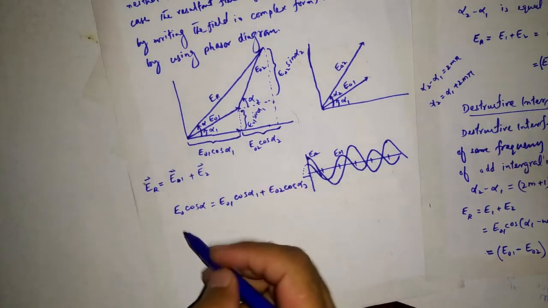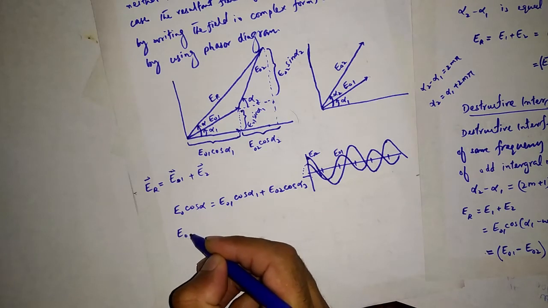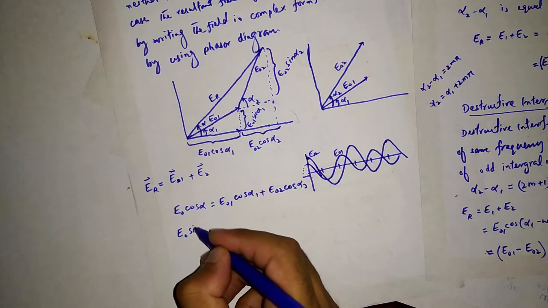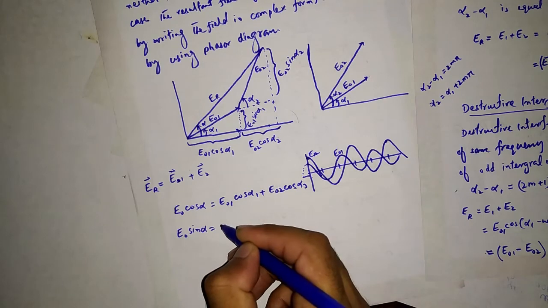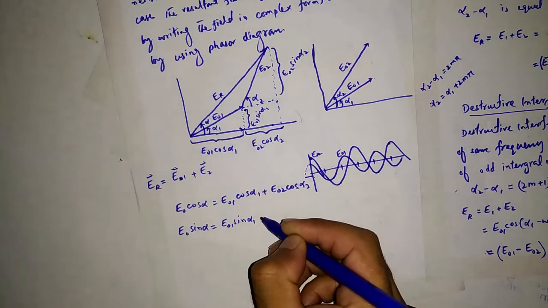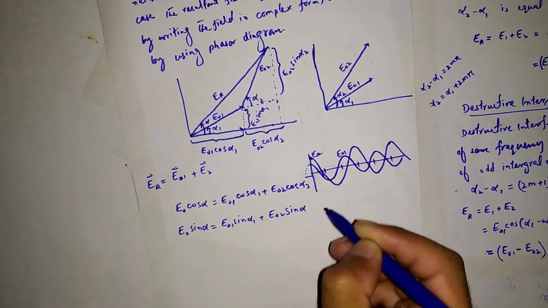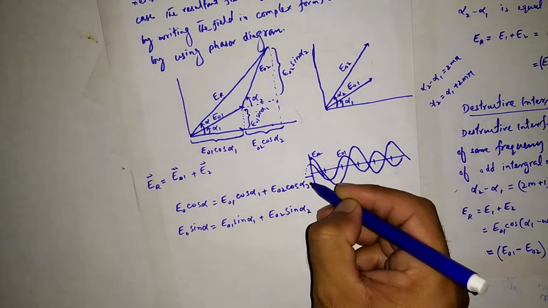And similarly, the vertical component of the resultant field, E naught sine alpha, is equal to E naught 1 sine alpha 1 plus E naught 2 sine alpha 2.